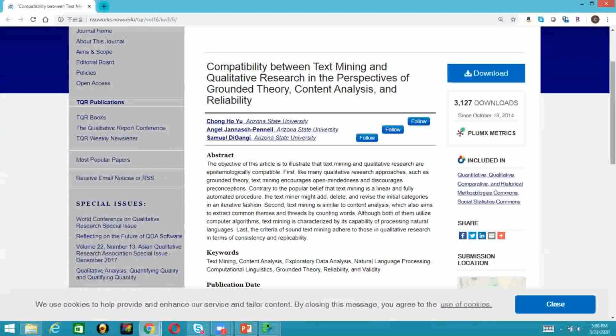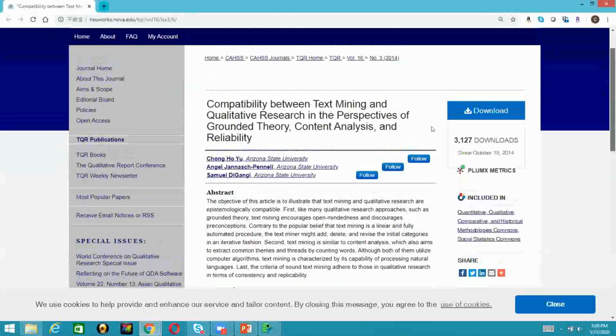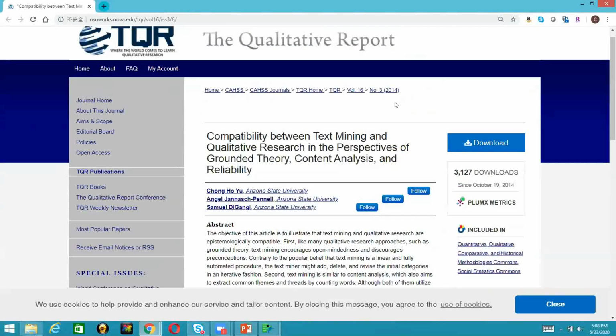I think they reposted or restructured it in 2014. This paper talks about the connection, the relationship between traditional classical grounded theory, content analysis, and also modern text mining.